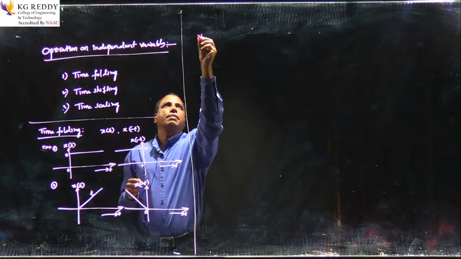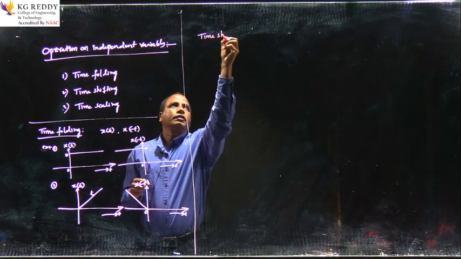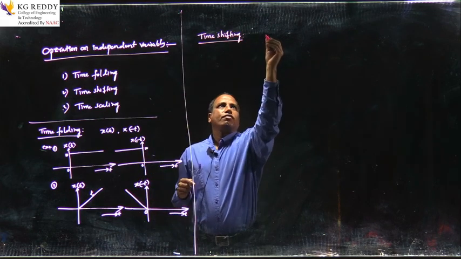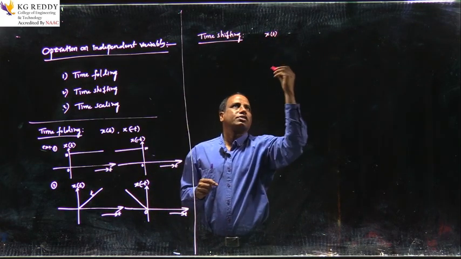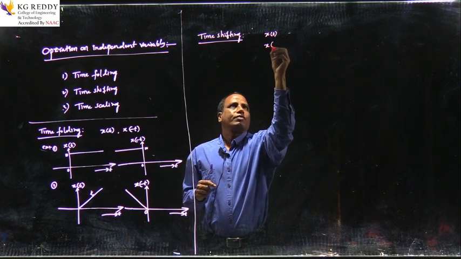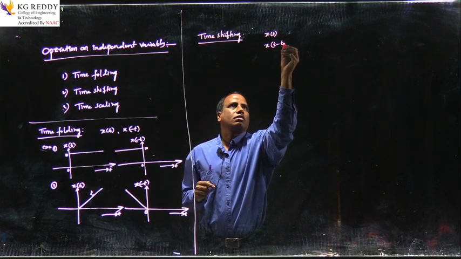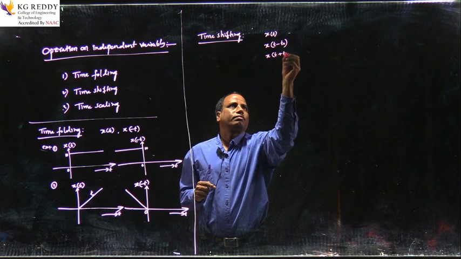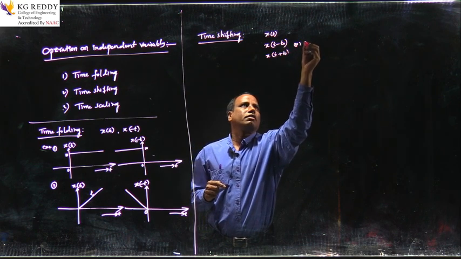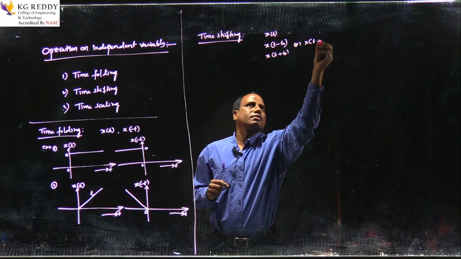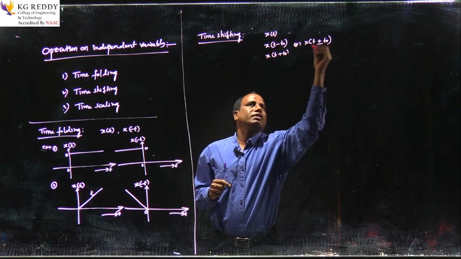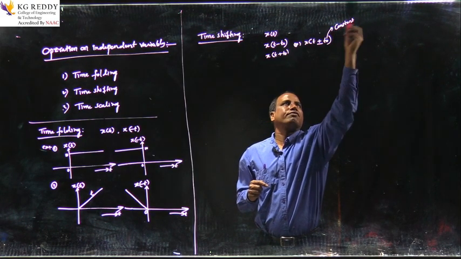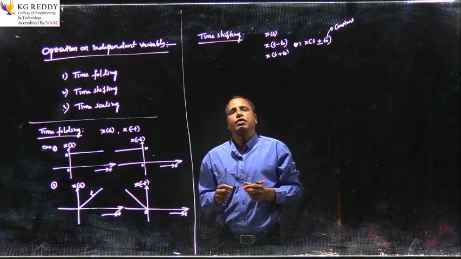When I say time shifting operation, say x of t is a given signal, and now x of t minus t naught, or x of t plus t naught, or also written as x of t plus or minus t naught, where this t naught is a constant, the amount of shift by which we are trying to shift the signal.